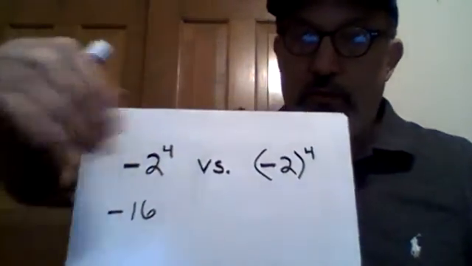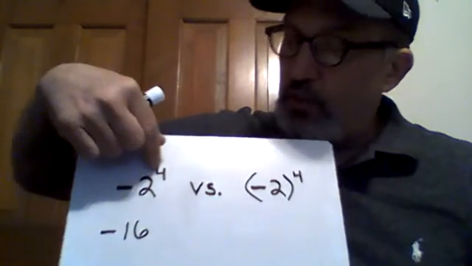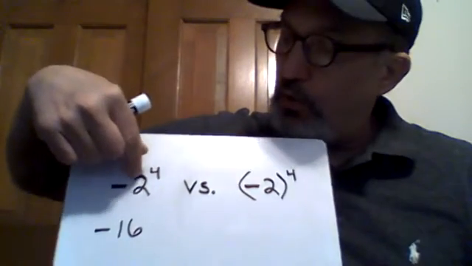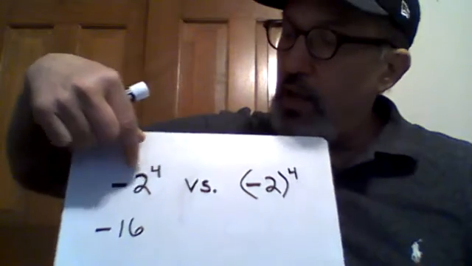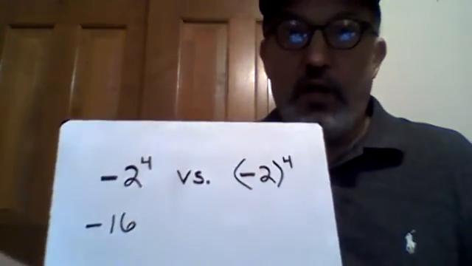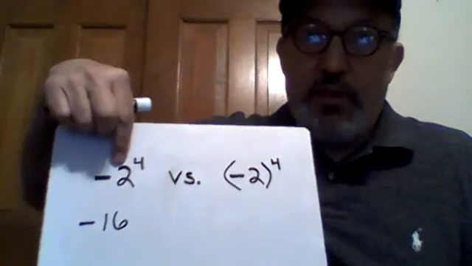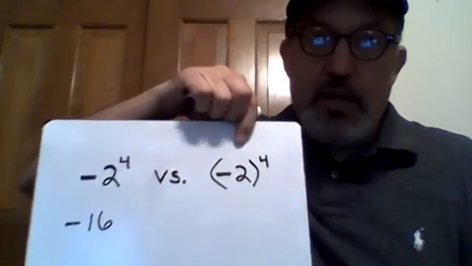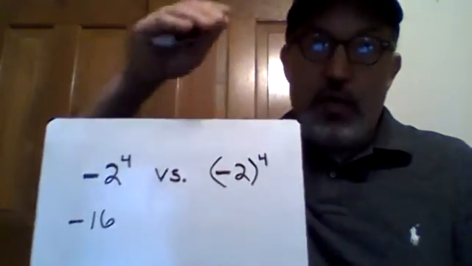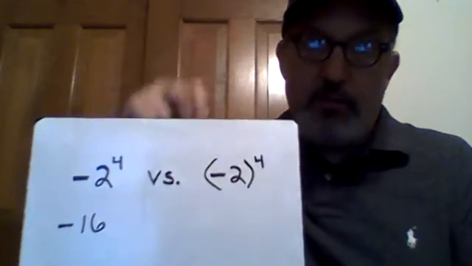So this one here becomes negative 16. Another way to think of it is the negative sign is not being raised to a power. It's only the 2 that's being raised to a power, and then we take the opposite of that result. 2 to the fourth is 16. This means the opposite of 16. This one, however, means we're going to multiply 4 negative 2's together because of the parentheses.